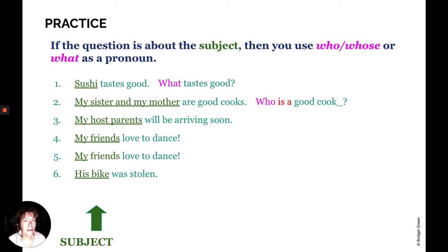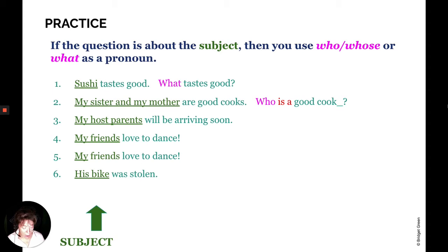Who is a good cook? Remember, when you use who for a subject question, usually the verb is singular, and we changed this plural cooks because who is good cooks? It's not wrong, but it's a little weird. Okay? So, who is a good cook is better.